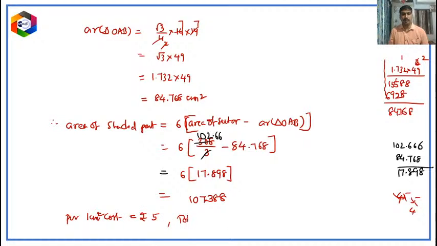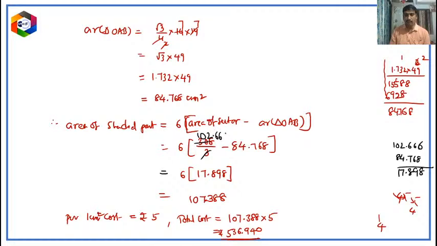Now the total cost will be equal to 107.388 into 5, which will be approximately, so the answer will change. 5 8s are 40, 4 carry, 5 8s are 40 plus 4, 44, 4 again 4, 5 3s are 15 plus 4, 19, carry 1, 5 7s are 35 plus 1, 36, 5 1s are 5, so 536 rupees 940, that means approximately 537. A small change will definitely occur, since it is in decimals.